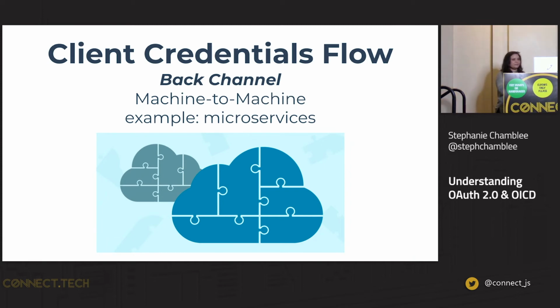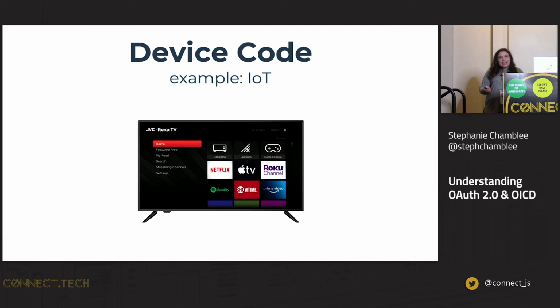So then there's client credentials flow. That's using the back channel. Those are two back-end systems communicating with each other, like with microservices. And device code is a really cool authorization grant, especially if you are working on a command line tool, or you're working in IoT, a Raspberry Pi or Arduino.